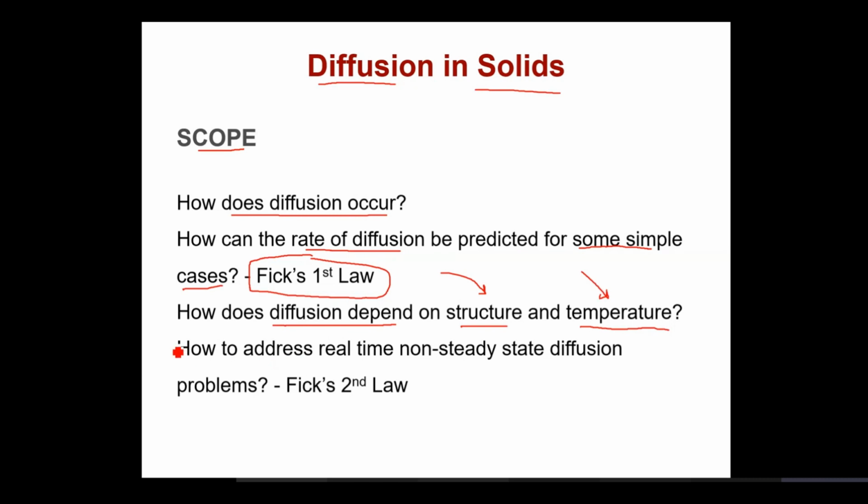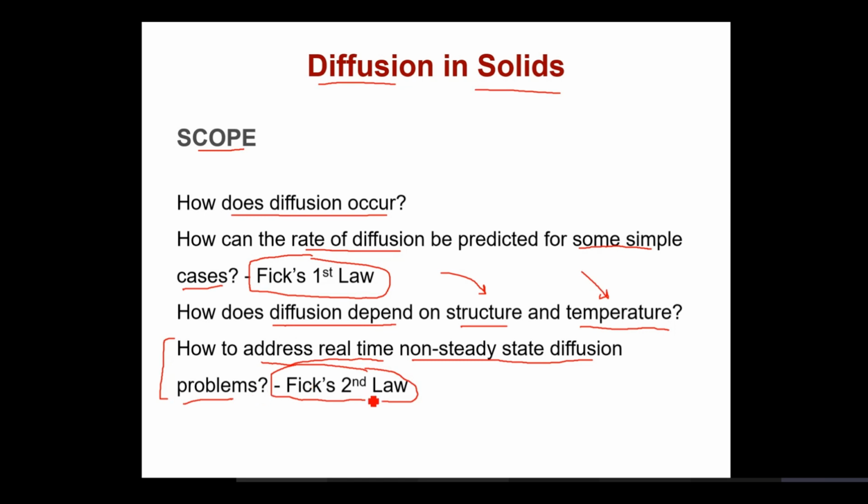And the second part would be the introduction to Fick's second law. Fick's second law is basically a mathematical expression, which we'll look into, and it is used to solve or address real-time problems, which basically falls under the category of non-steady state diffusion problems.